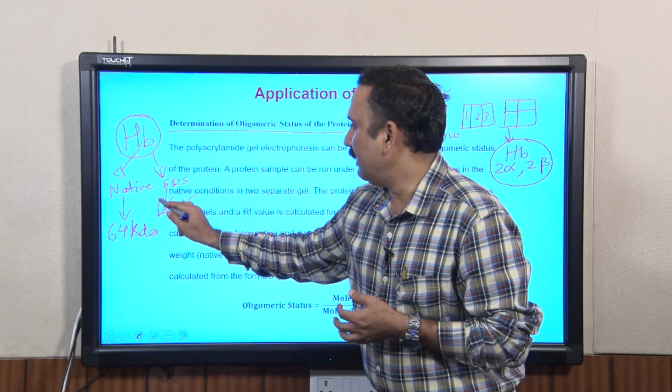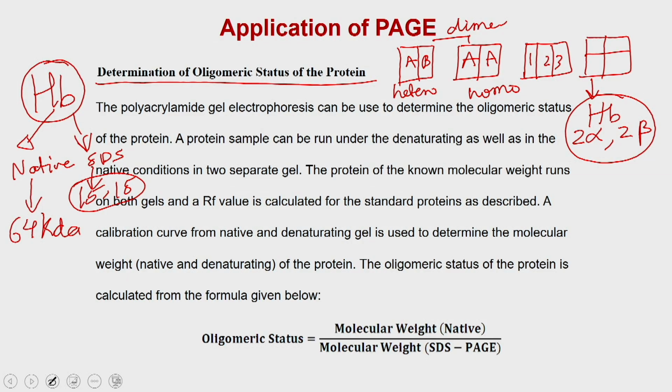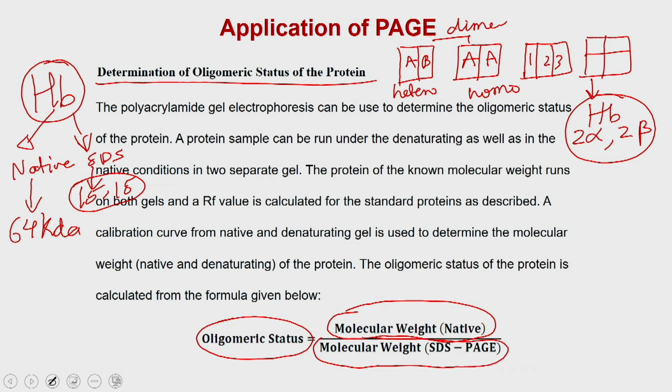And if that happens, and you want to calculate the oligomeric status, what you have to do is, oligomeric status is equivalent to the molecular weight you got in the native page divided by the molecular weight you got in the SDS page. So, if I divide this number by 15, what I will get is 4, which means 64 divided by 16 gives me 4.